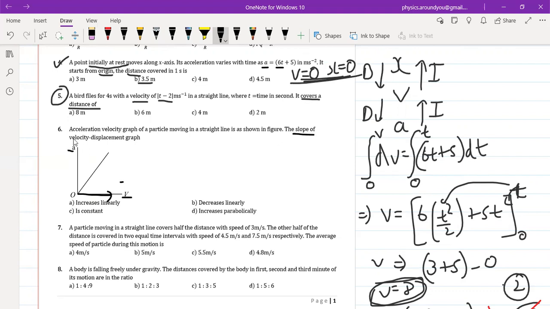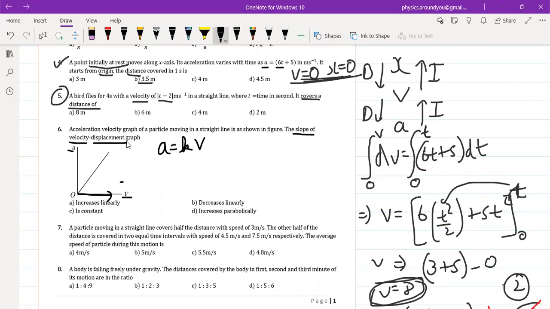So I have to first write this graph in a mathematical form. That is A equal to KV, Y equal to MX. So it is a straight lines concept, Y equal to MX, so A equal to KV. But they're asking the slope of velocity displacement, right?